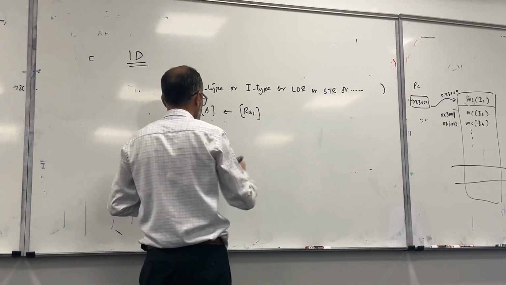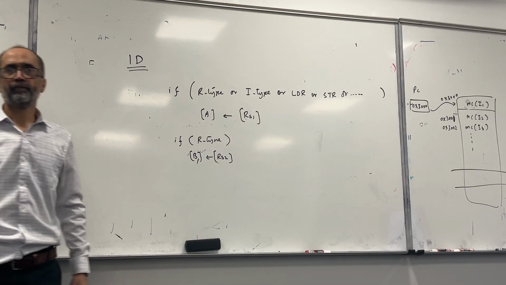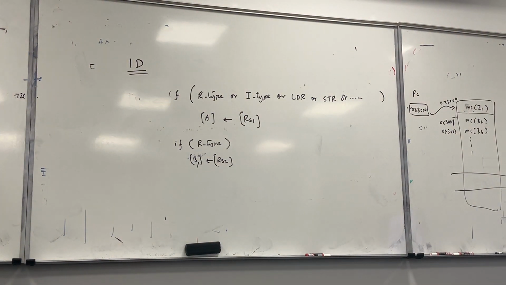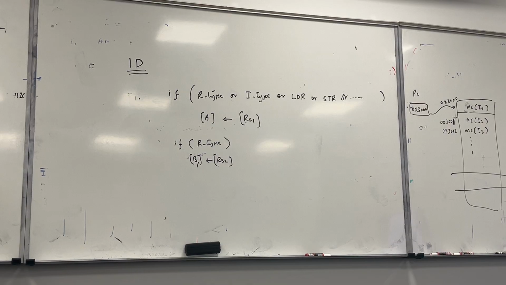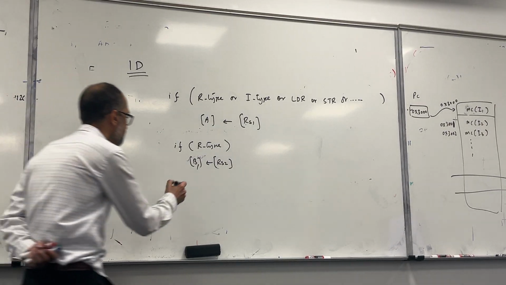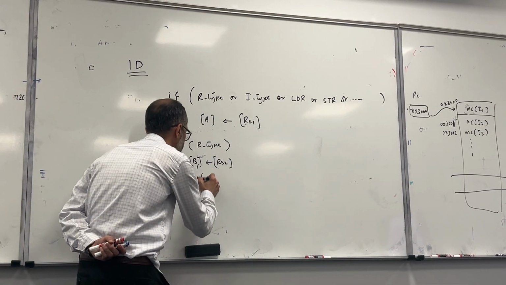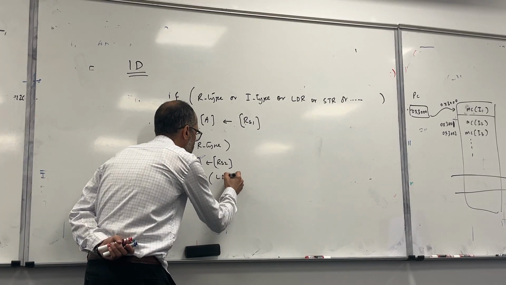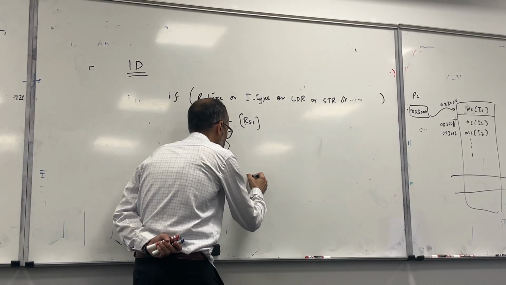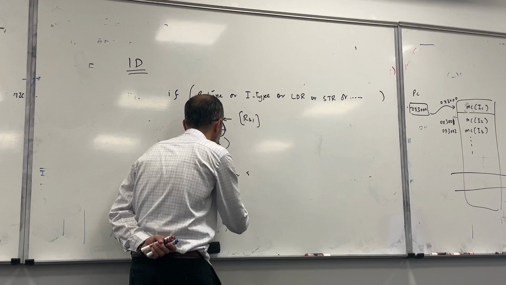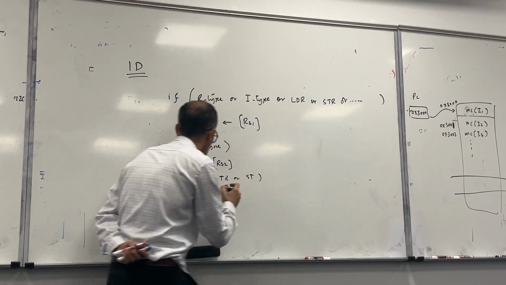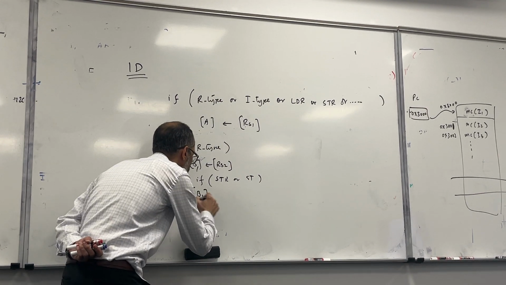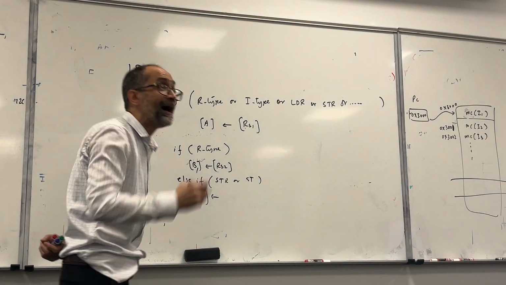This is a little tricky. If it's R type, B1 will be RS2. And if it is else, LDR or STR, what will be B1? Anyone? RD.